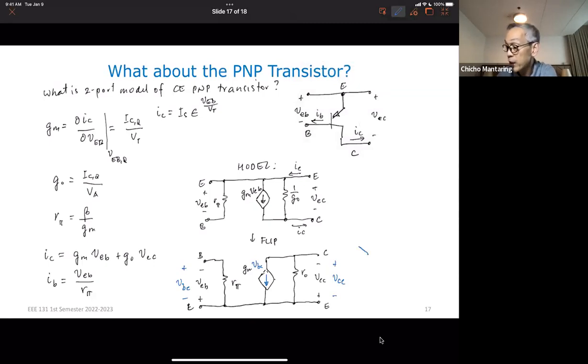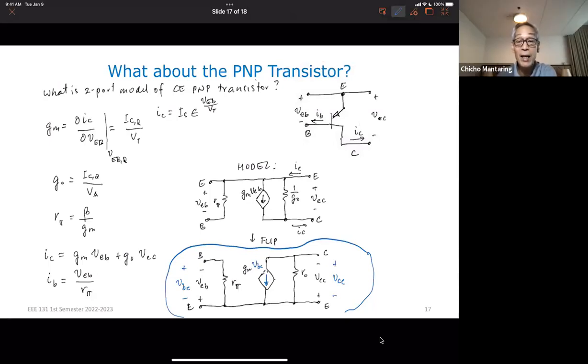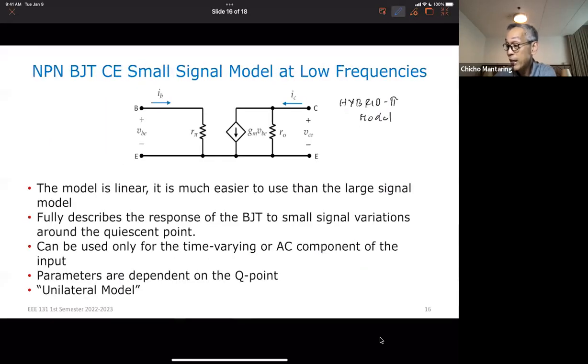What do you notice about this? What do you notice about it? Anyone? It's the same as the NPN. It's exactly the same as the NPN. If you take a look at this and this, it's exactly the same. In other words, there is no need for a different small signal model for your PNP transistor.